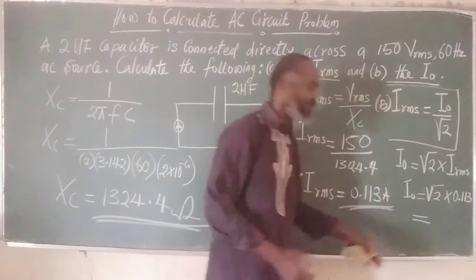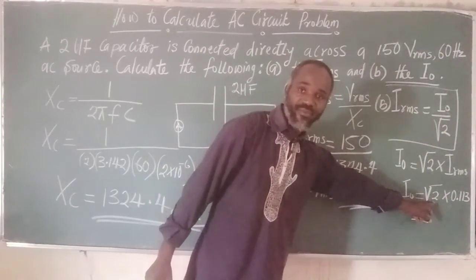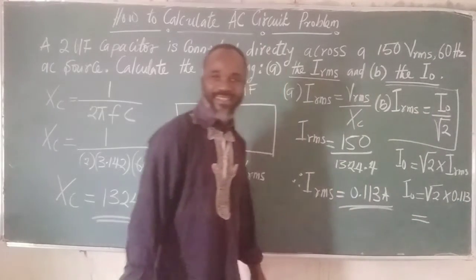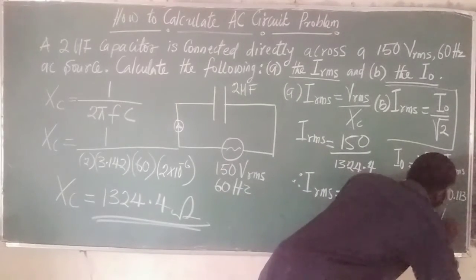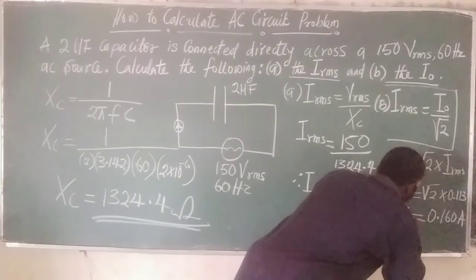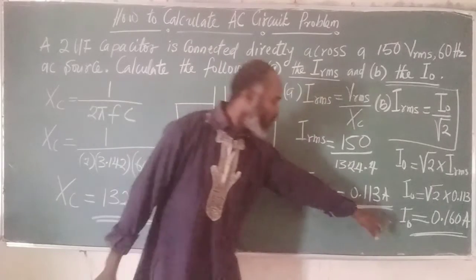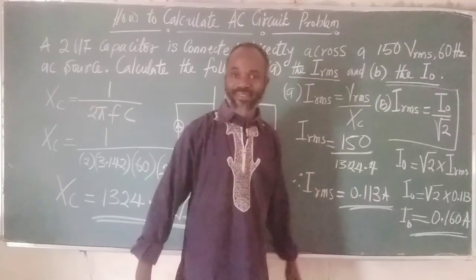If we find the value of root 2 and then multiply it with 0.113, we are going to have 0.160 amps. That is the value of the peak current flowing in the system. And it's as simple as that.